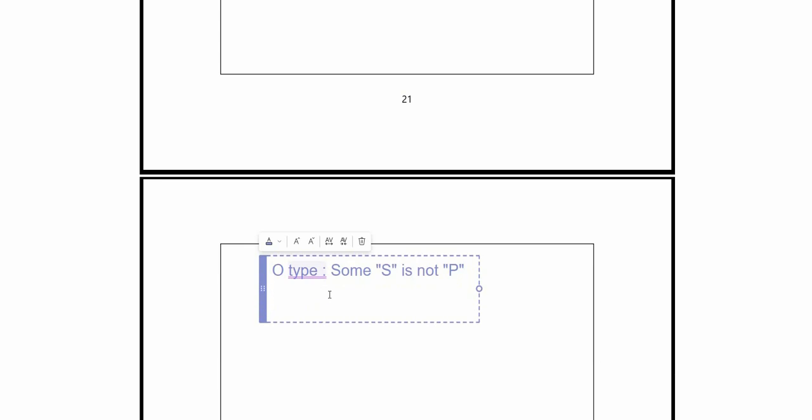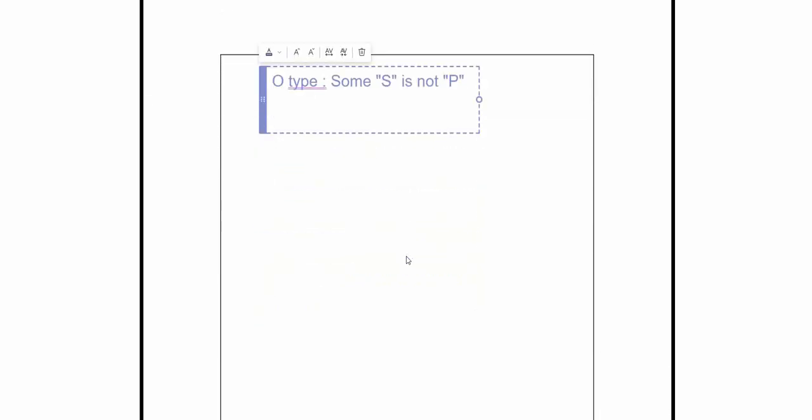Now the converse of the O type is not possible. We know that. I've already mentioned. So converse is not possible. Okay, let's do the obverse.